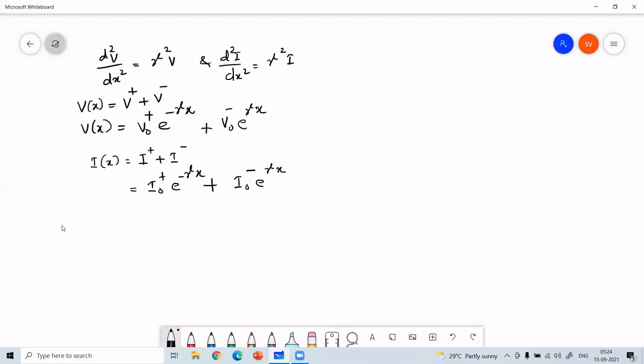So these two are the solutions, that is V of x equals V0 plus e raised to minus gamma x plus V0 minus e raised to plus gamma x, and I of x is equal to I0 plus e raised to minus gamma x plus I0 minus into e raised to plus gamma x. These two equations are the solutions of the telegraphy equations.